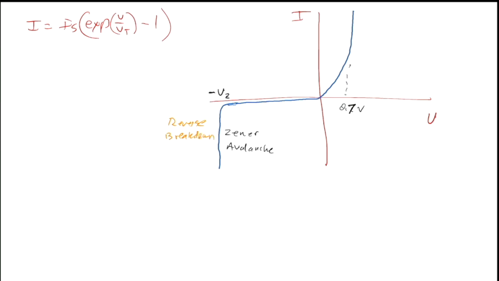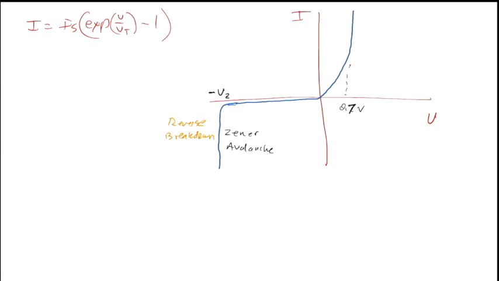And you can get devices that have that designed. A Zener diode is designed to have a specific reverse breakdown voltage. The reverse breakdown voltage could be minus a few volts. It could be minus 30, 40, 50 volts. It can be all kinds of different voltages. And you can build devices to have an even larger breakdown voltage if you build them in a certain way.